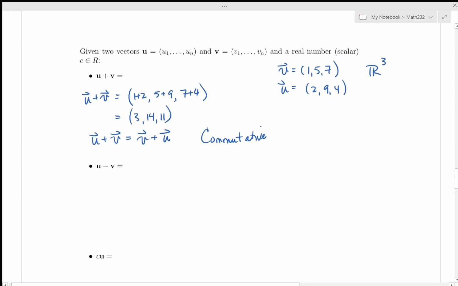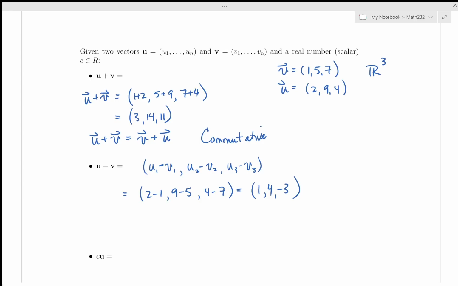Okay, here we've got u minus v. That is going to look like this: u1, the first component of u, minus the first component of v, then u2 minus v2, and then u3 minus v3. I could do that with the numbers we are using. u minus v would be 2 minus 1, then 9 minus 5, and then 4 minus 7, and I would write that as 1, 4, minus 3.